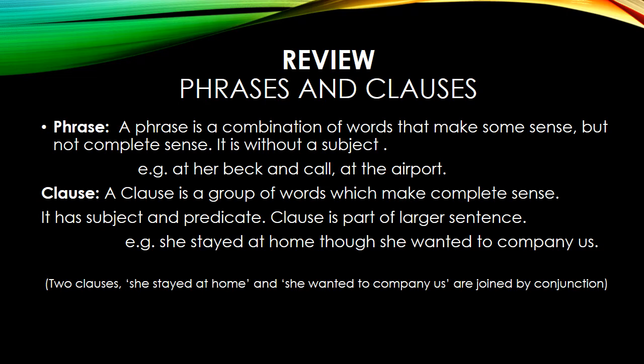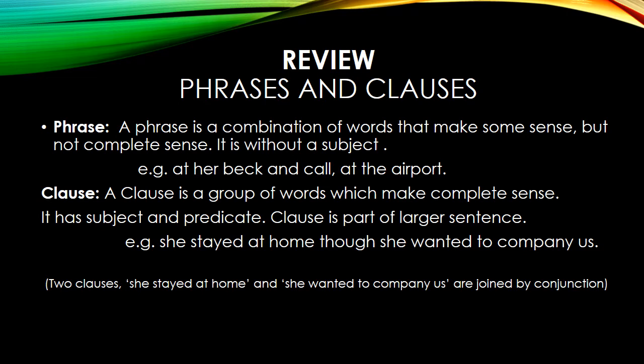Here, see the two clauses. "She stayed at home." This sentence has a subject and a predicate. And "she wanted to accompany us." This is also a complete sentence having a subject and predicate.